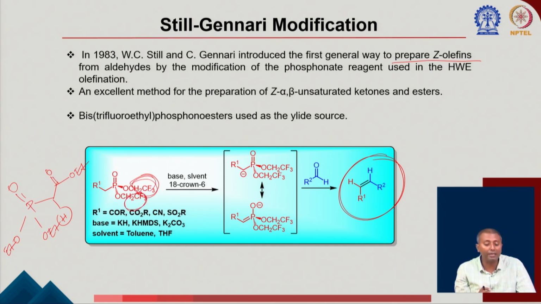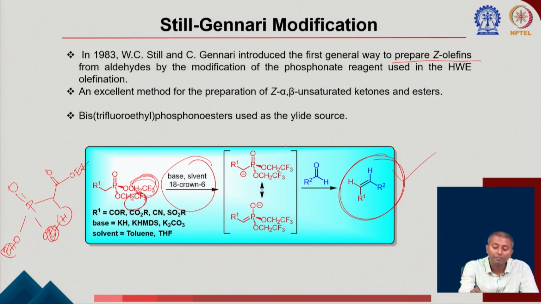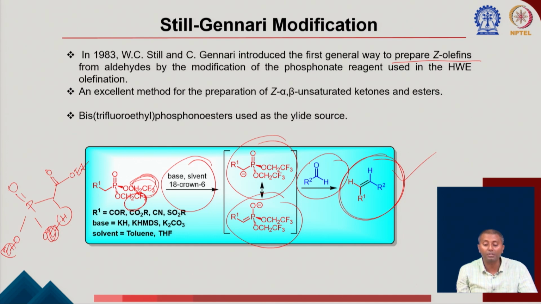Introducing the CF3 group means you introduce an electron withdrawing group, and this plays a very important role in the synthesis of the corresponding Z olefin, because just by changing this group you are changing the selectivity of the olefin product formation. Of course, you have to use a base, and 18-crown-6 is always used to take the sodium or potassium, which can now generate the corresponding ylide here, which can react with the aldehyde to form the corresponding Z olefin.